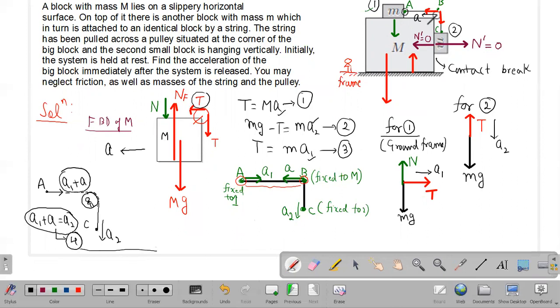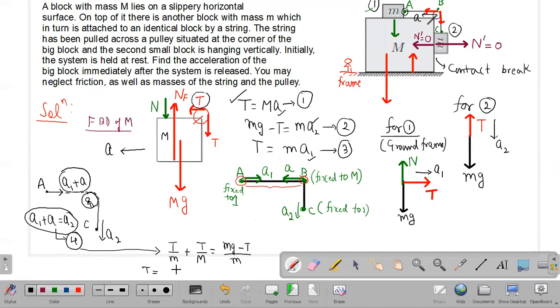Then a1 will be substituted by T over small m, plus small a will be substituted by T over capital M, and a2 will be substituted by mg minus T divided by small m. Now you solve for the value of T, and once you solve this, then using the first equation you can find small a.